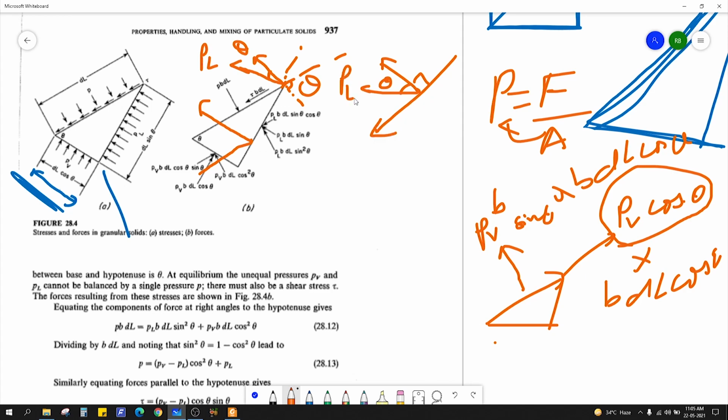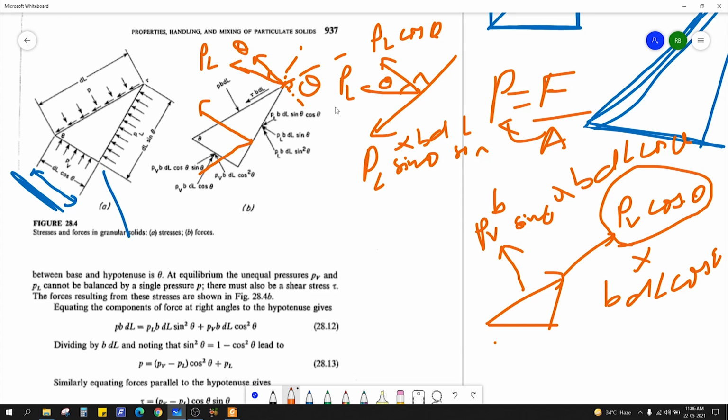So this is your PL. So PL cos theta, and in this direction it will be PL sin theta, right? So what about force? Just multiply with the area of this cross section, and the area of cross section was B dl sin theta, right? So it becomes sin square theta.